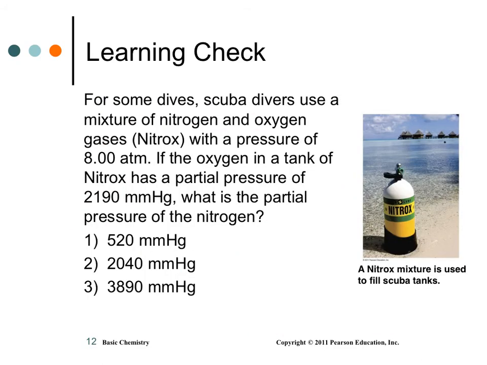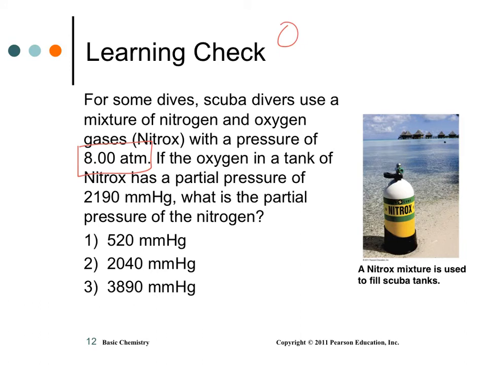Alright, so for some dives, scuba divers use a mixture of nitrogen and oxygen gas, nitrox, with a pressure of 8 atmospheres. If the oxygen in a tank of nitrox has a partial pressure of 2190 millimeters of mercury, what's the partial pressure of nitrogen? Okay, so again, oh man, look what they did here.